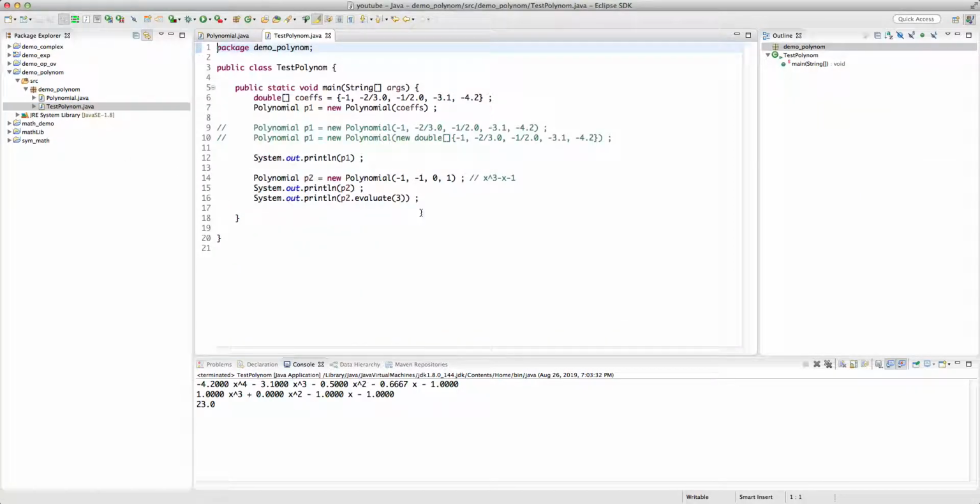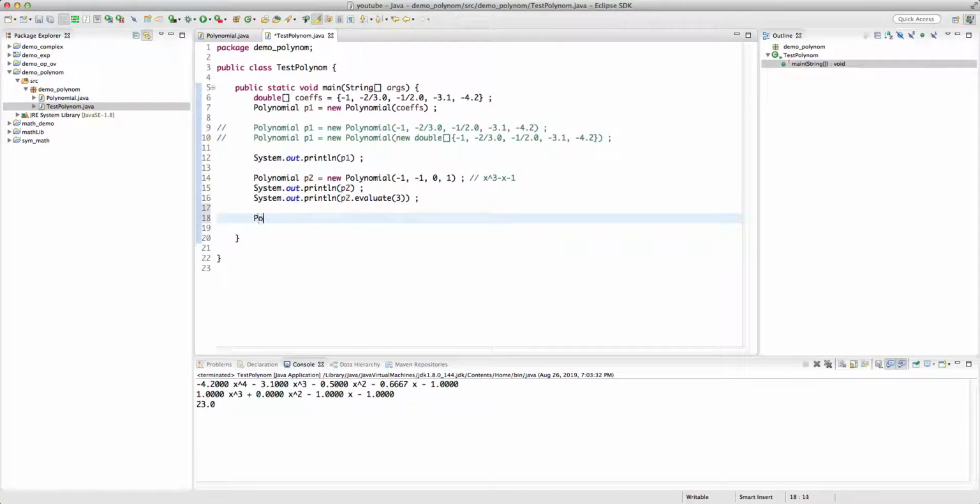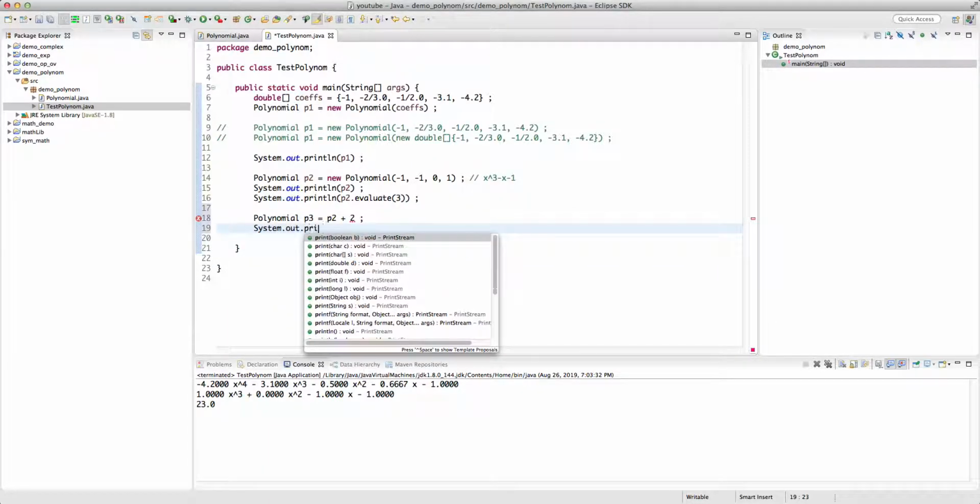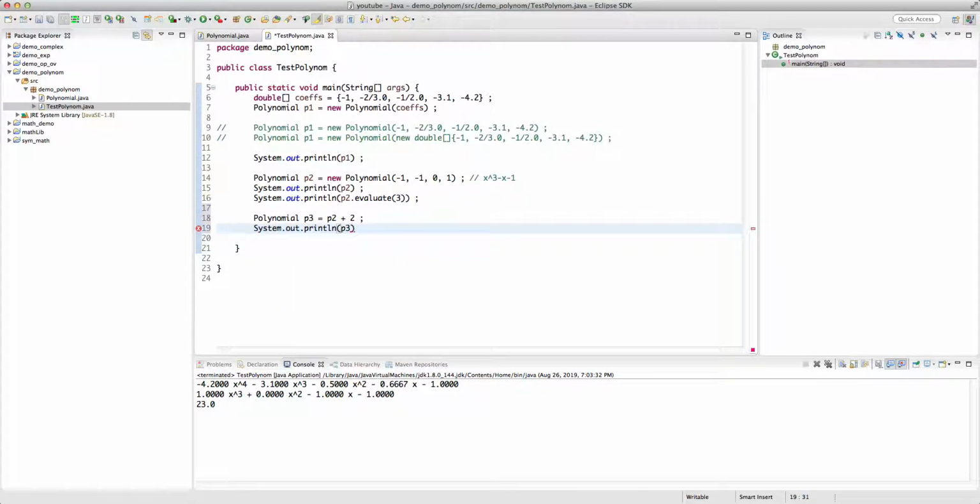Okay, now let's go here. Polynomial p3 equals p2 plus 2, and system.out.println p3.